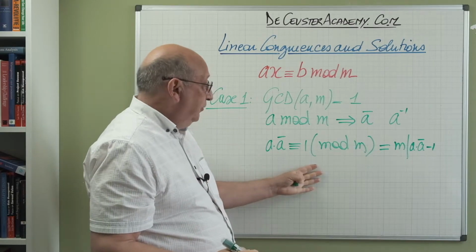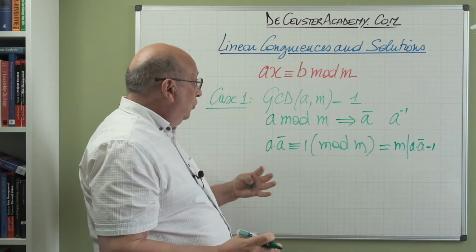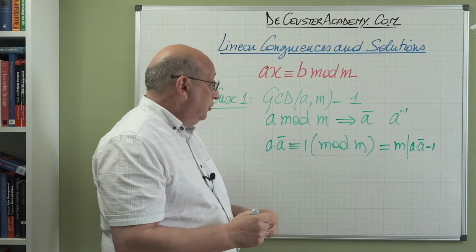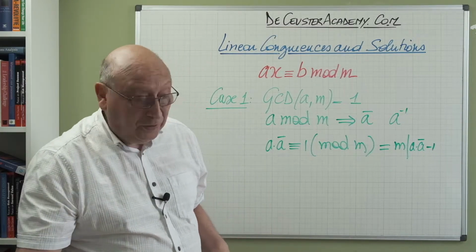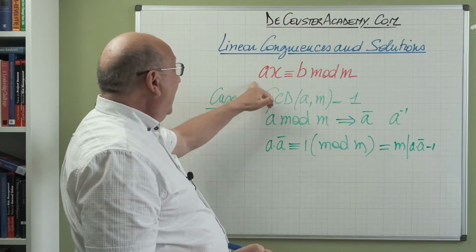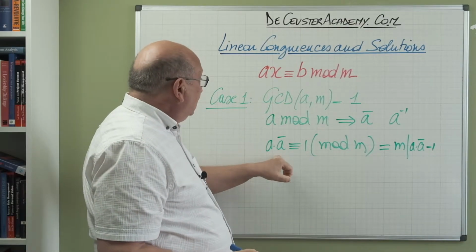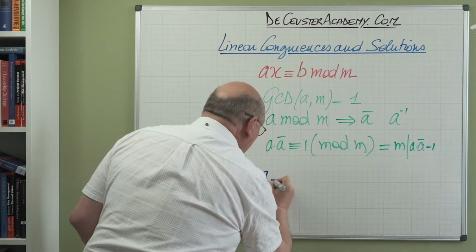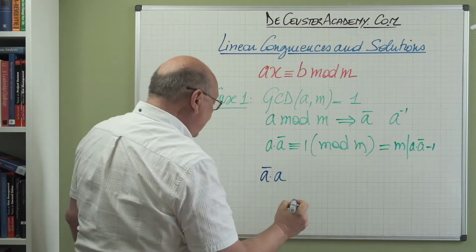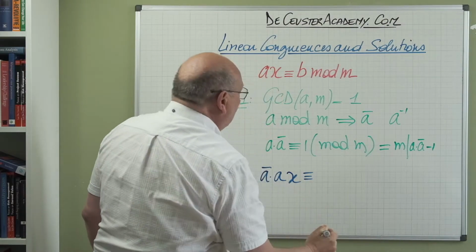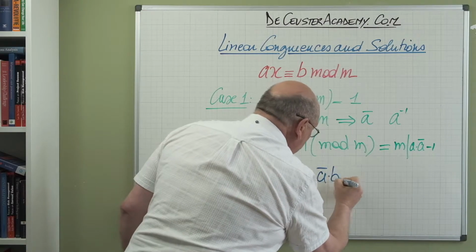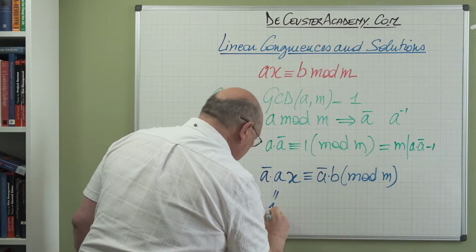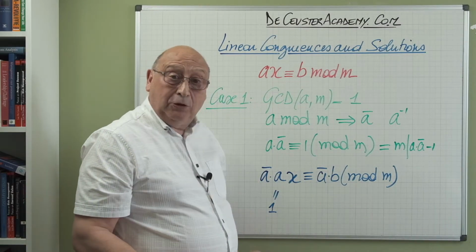Now, finding the inverse modulus M is in fact the way to solve this equation. Once we find the inverse, we can multiply this expression on both sides with the inverse of A modulus M. So what we have now is A inverse times A X is congruent with A inverse times B modulus M. And we know that A inverse times A in modular arithmetic will be equal to 1.